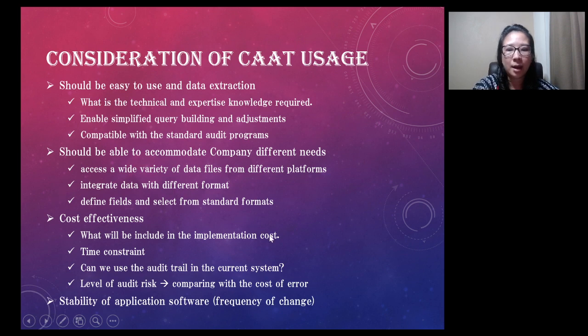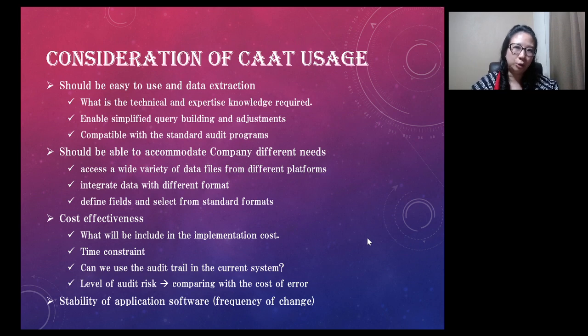Okay, and then we also need to check the stability of the application software. For example, if the software is frequently changed, it means the CAAT tool also needs to be changed, right?